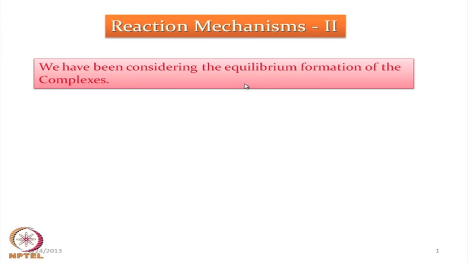When we add metal ion and the ligand to each other, the corresponding metal-ligand bond is formed, depending upon the coordination number requirement of the metal ion.